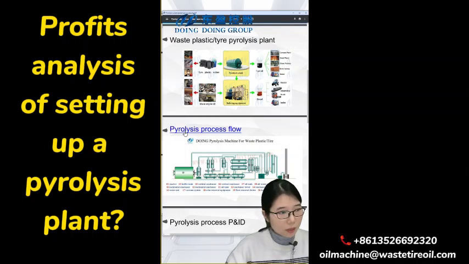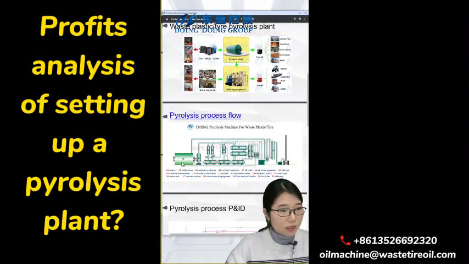And this is the pyrolysis processing flow. Firstly, we feed the waste tire and plastic into the reactor, and then we open the burner to heat the reactor. After achieving a certain temperature, it will produce the oil gas.